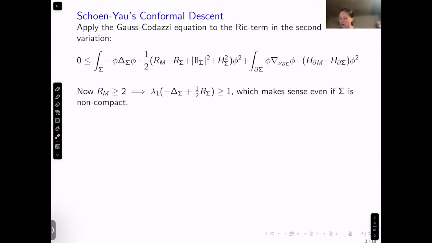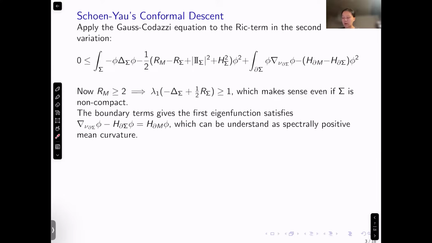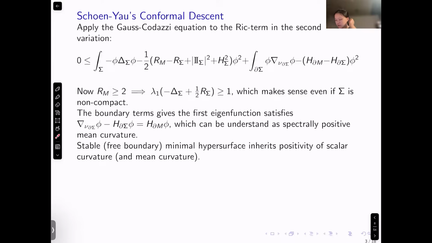And this whole spectral sense of positive scalar curvature makes sense even if sigma is non-compact. Similarly, you also have this spectral sense of positive mean curvature, which can be described like this. Now, what they observed is that if you have a stable minimal hypersurface inside of an ambient manifold of PSC, then it also has PSC.